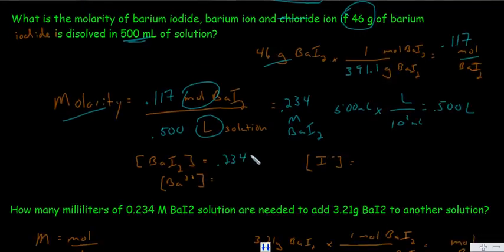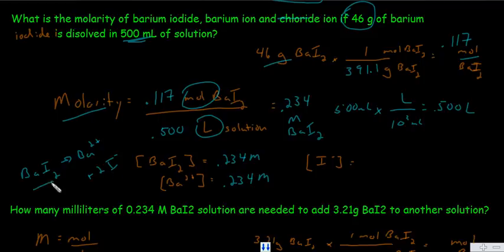So what's the concentration then of your barium ion? Well, each time that barium iodide is dissolved in solution, you get 1 barium ion and 2 iodide ions. So the concentration, or the number of moles per liter of barium, is the same as the number of moles per liter of barium iodide. It's 0.234 molar. But the concentration of iodide, well, it's twice that of the barium iodide.